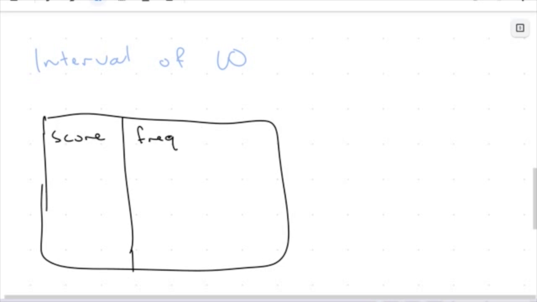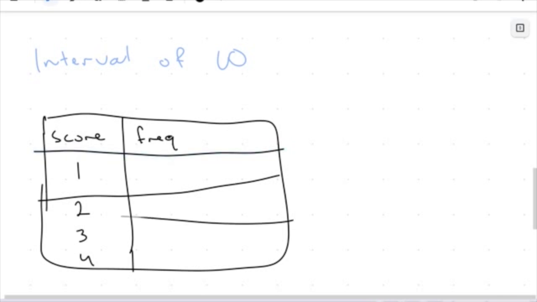So my score can be, for example, 1, but this is showing an interval of 10. So 1 to 10, or maybe 10 to 20, 2, 3, and 4. And all of these different values can be plotted on my histogram.